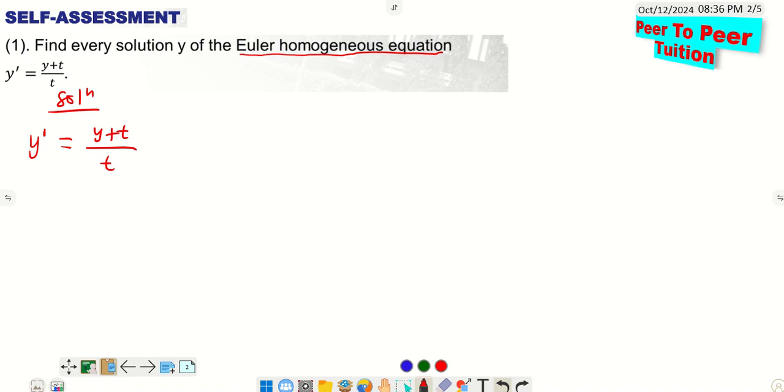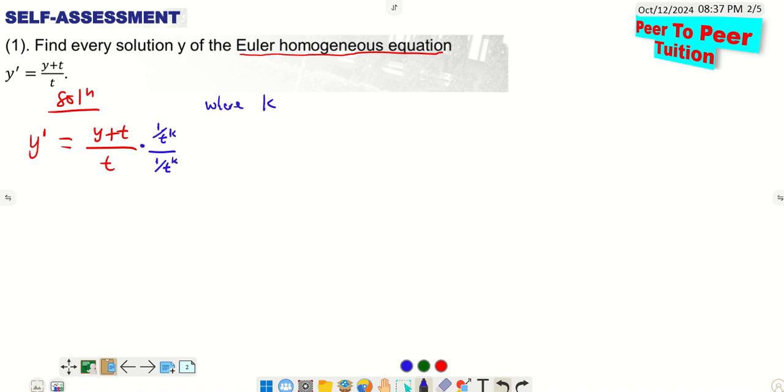Now, for every Euler homogeneous equation, we need to find a suitable substitution for it. Whenever you are finding a substitution, it is always advisable to multiply the numerator by 1 over t to the power k, and the denominator too by the same thing, 1 over t to the power k, where k is the degree.